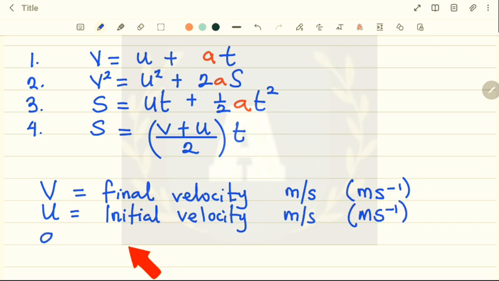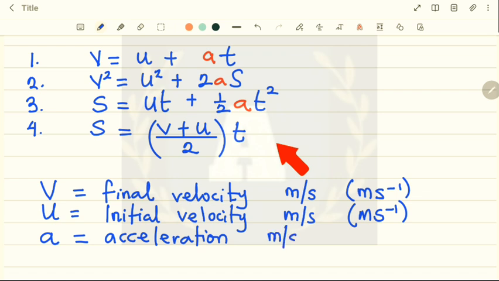Then we have A, which is acceleration. The unit is meters per second squared, written as ms to the power of -2.